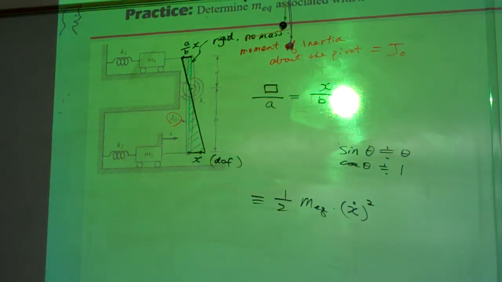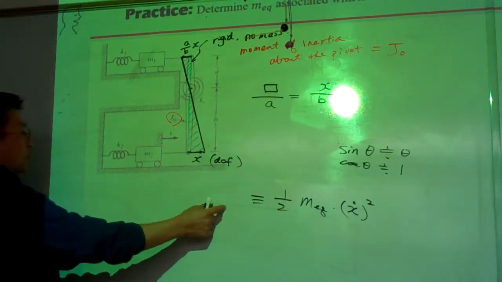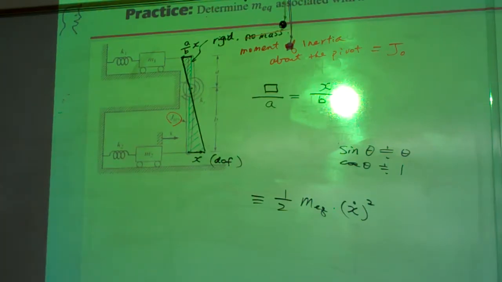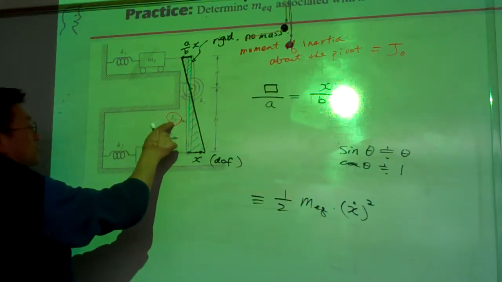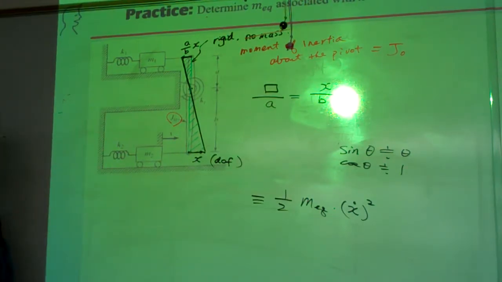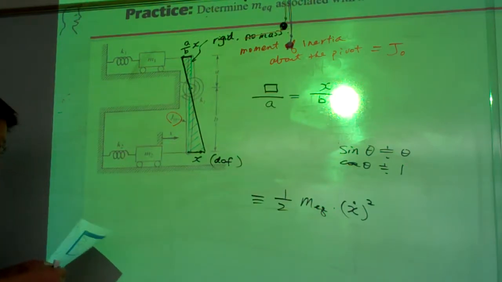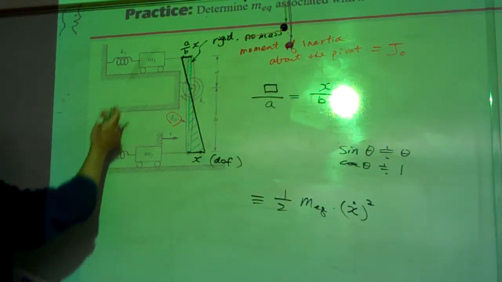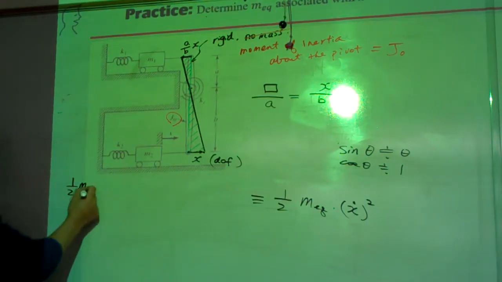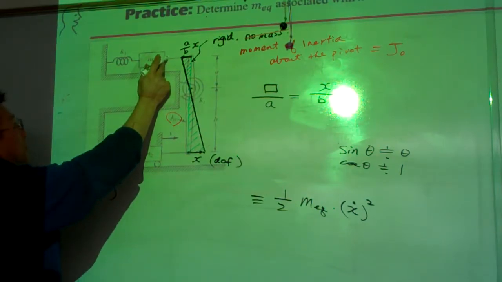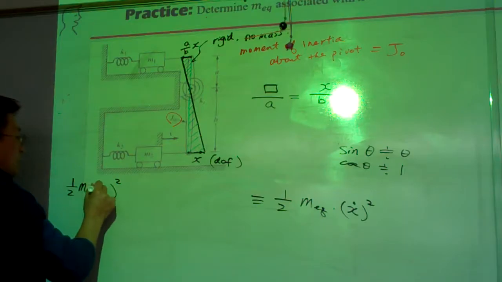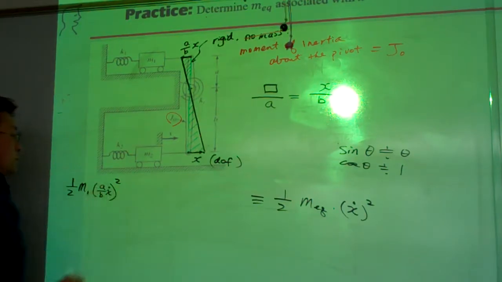That is our equivalent description, and it should be equal to the original system. In the original system, how many inertia objects do we have? Three: 1, 2, and this one, which has the rotational mass. So from this term we have 1/2 m1 times velocity squared. And what is the velocity? M1 has a displacement equal to that, so A over B x dot. We good?